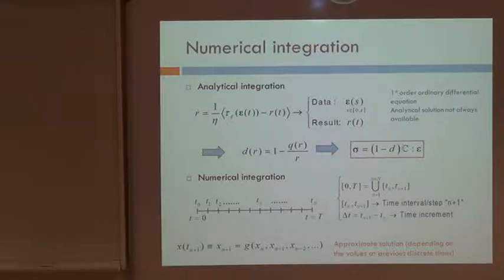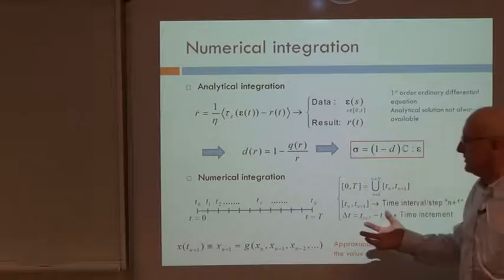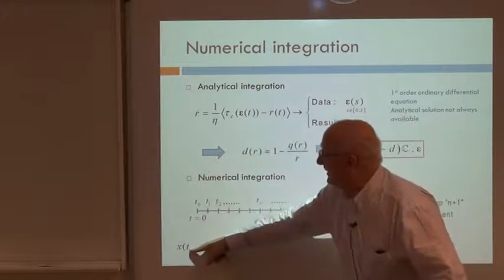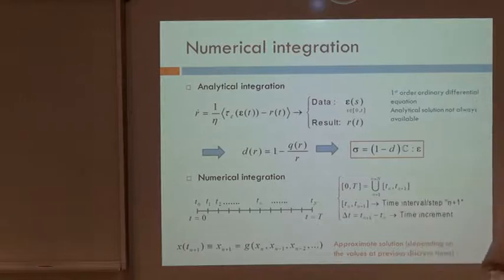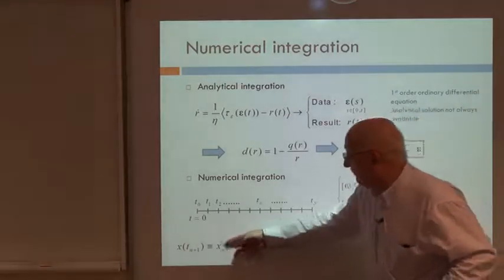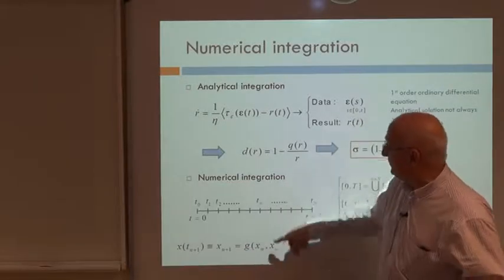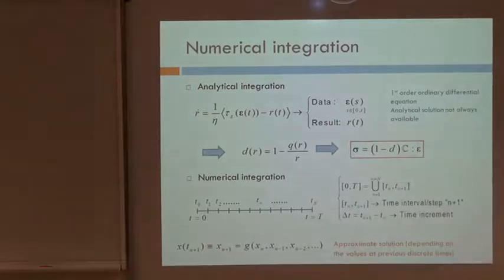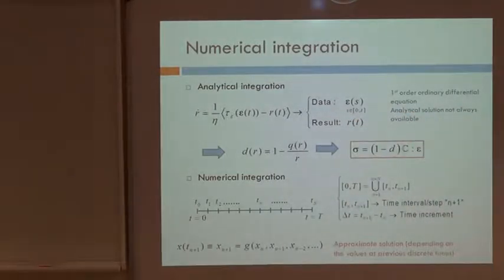And then we have to resort to some procedure that allows us to obtain the value at time n plus 1, that would be the current time, in terms of the values of the variable we want to integrate at previous times. And we saw also one way, specifically how this could be done in the case of the implicit models.